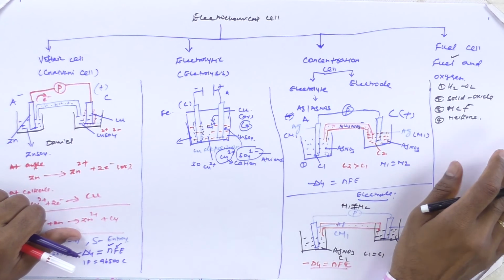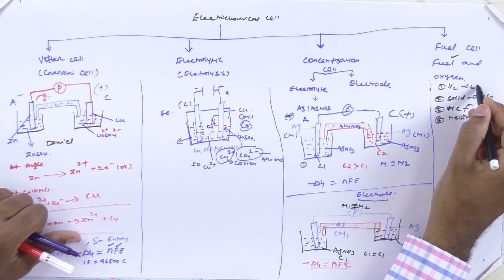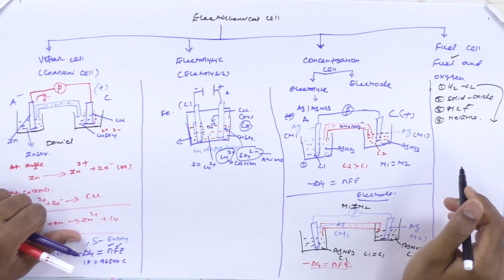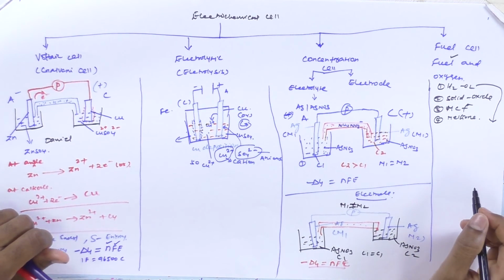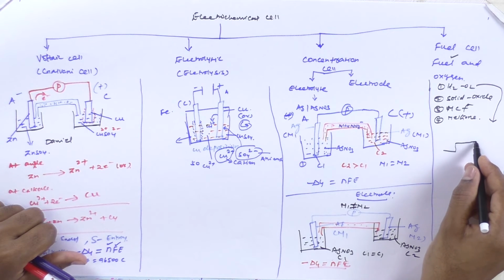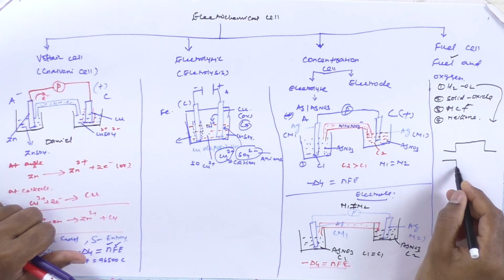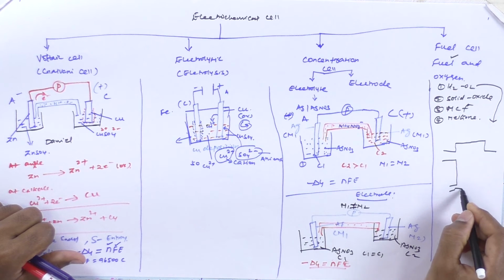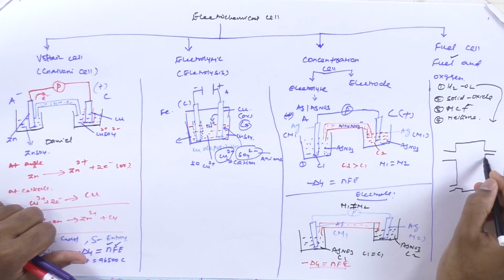A number of classifications are available. Now I am going to give one example, that is the hydrogen oxygen fuel cell. For its construction, we need two porous electrodes, two graphite rods, inert electrodes, and this is the typical construction.